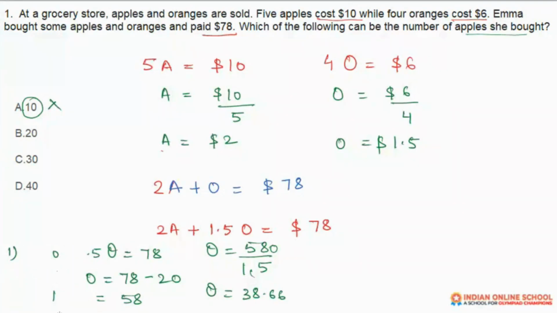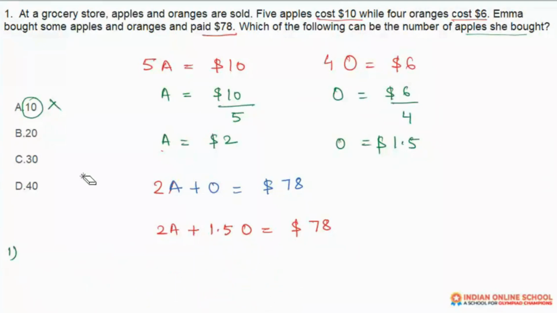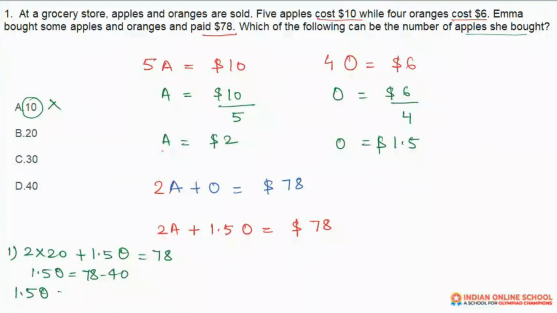Let's go with the second option, which is 20. If she is purchasing 20 apples, then how many oranges does she need to buy? 2 times 20 plus 1.5 times the oranges equals 78. 2 times 20 is 40, so 1.5 times the oranges equals 78 minus 40, which is 38.